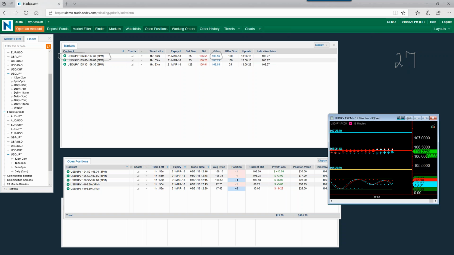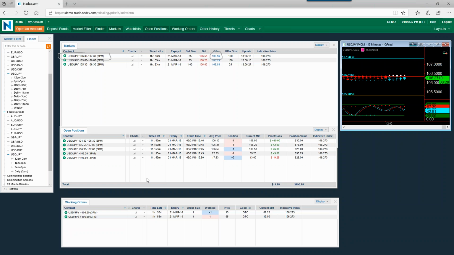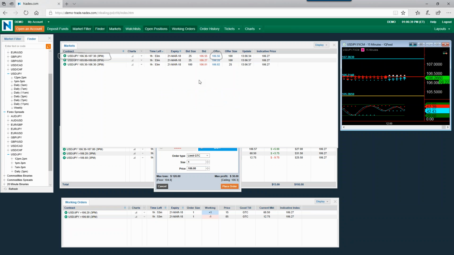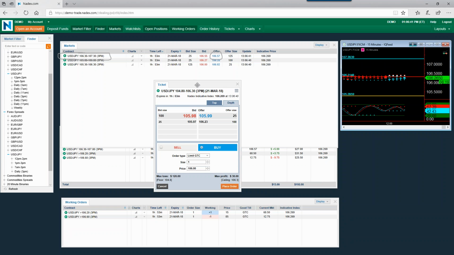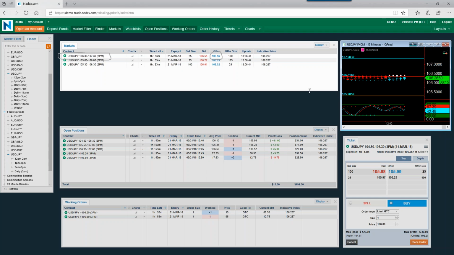Now you can also go in and set up targets for your spreads. Let me move this out of the way for a moment. For example, this one, okay, and this is what you need to pay attention to: where did you enter, okay? And if you're going to be setting targets on these, this is what you need to do. For example, on this one, I'm short because it's a -1 there, and my entry price was 106.1.